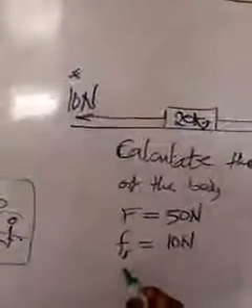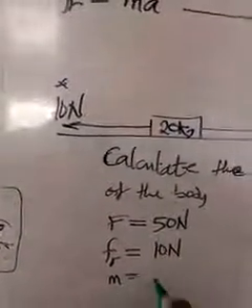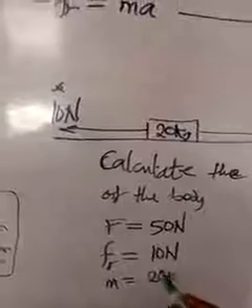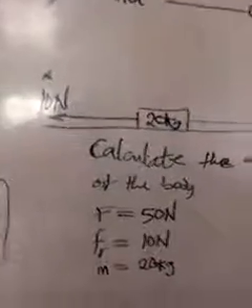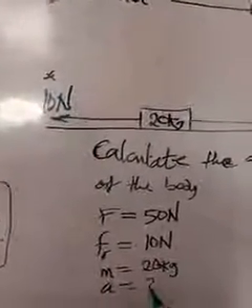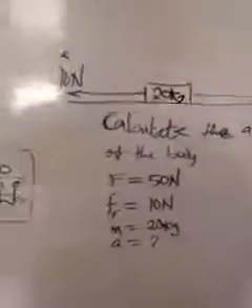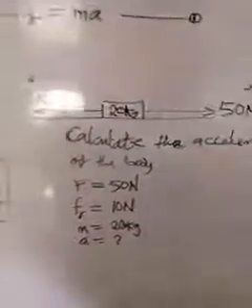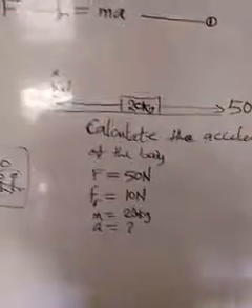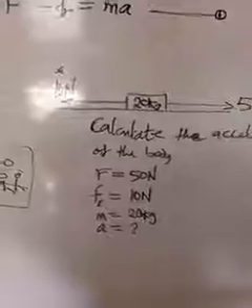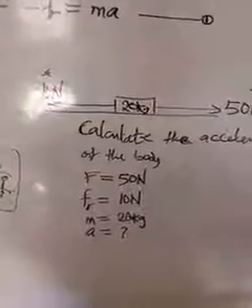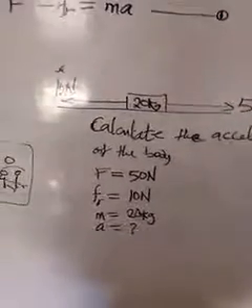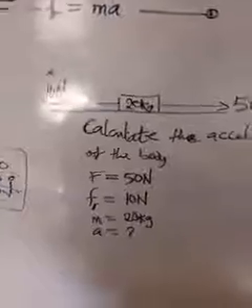Mass of the body is equal to 20 kilograms. And we are calculating the acceleration. The acceleration is unknown. One of the methods of solving physics calculations that will make it simpler is you need to write all your parameters, both the unknown ones and the known ones. So you now know the perfect equation that you are going to apply.